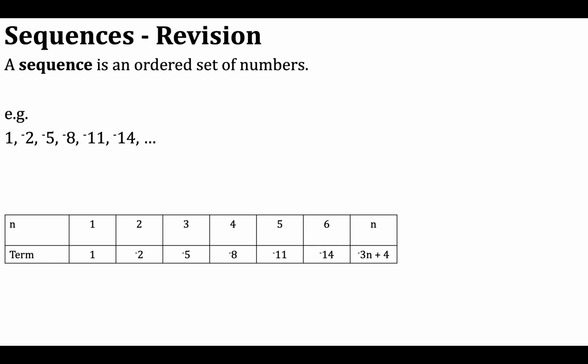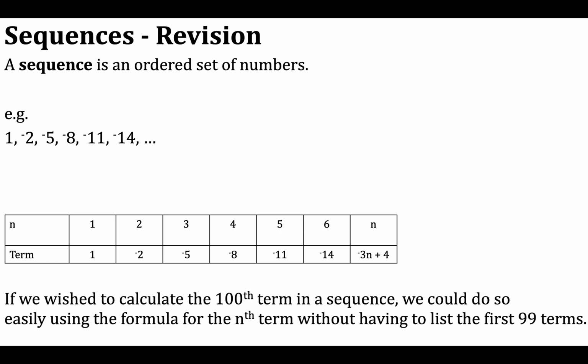So that's what we've previously done for linear patterns. And if we wish to calculate the 100th term in a sequence here, we could do so quite easily using this formula, because it would save us having to list the first 99 terms.